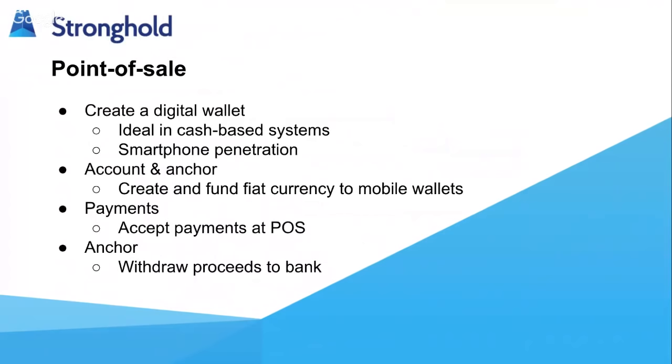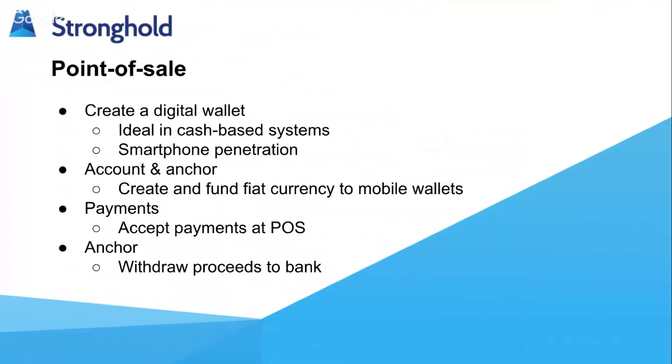Okay, another example, and one that we're currently seeing some interest in and some early integrations in, is point of sale systems. Particularly where users are currently using cash. However, often in those cash-based systems, users will have smartphones.